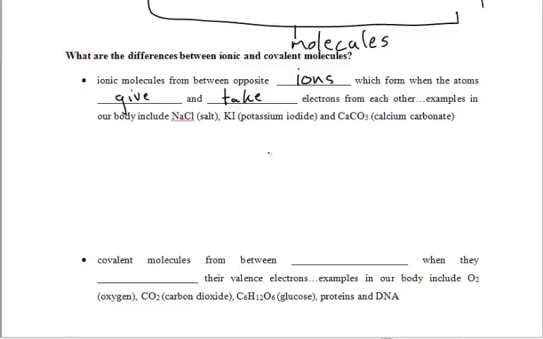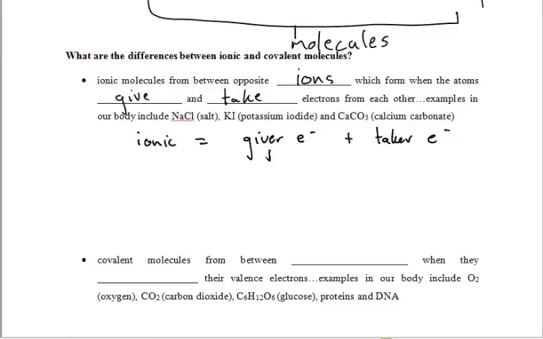Some common examples of ionic compounds are salt, potassium iodine, and calcium carbonate. Now, the definition for ionic compounds kind of varies because you can say it in many different ways. But we can go ionic equals a giver of electrons plus a taker of electrons.